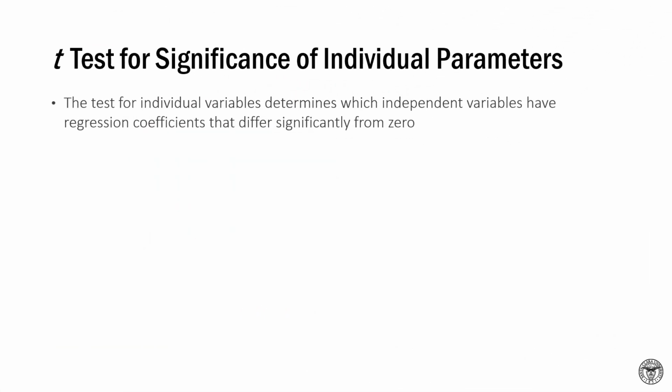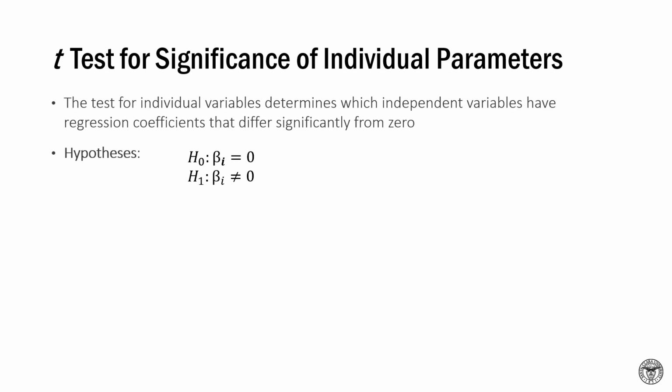We now discuss the t-test. In the context of regression analysis, the t-test is used to assess the statistical significance of each coefficient in the model. In multiple regression, a t-test is conducted for each individual independent variable in the model.